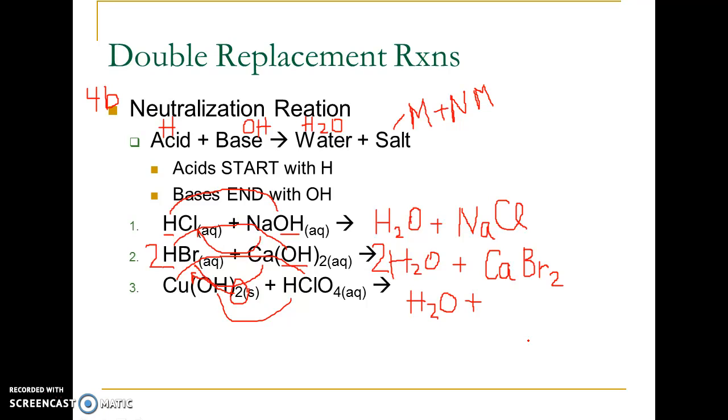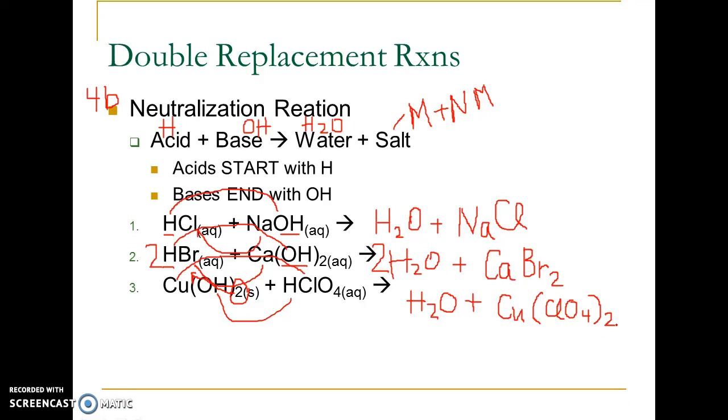Perchlorate has a -1 charge. So when I write this out, I should have Cu, and then perchlorate, ClO4, with a 2 on the outside. And now I've correctly predicted my product.